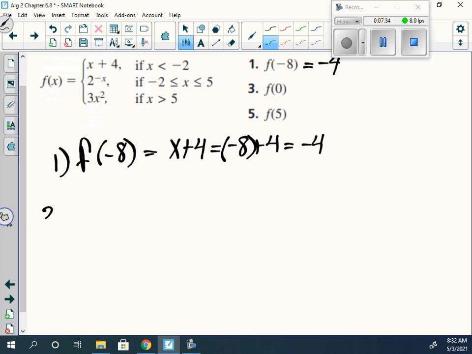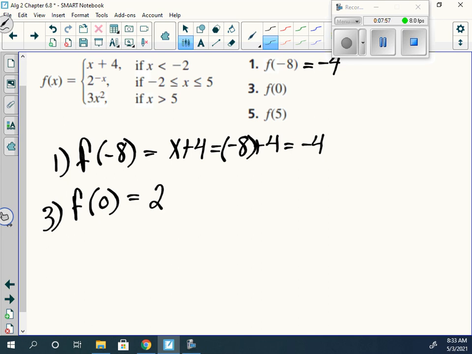Okay, let's look at number 3. So we have f of 0. So which equation would we use for f of 0? Two to the negative x, because 0 is between negative 2 and 5.